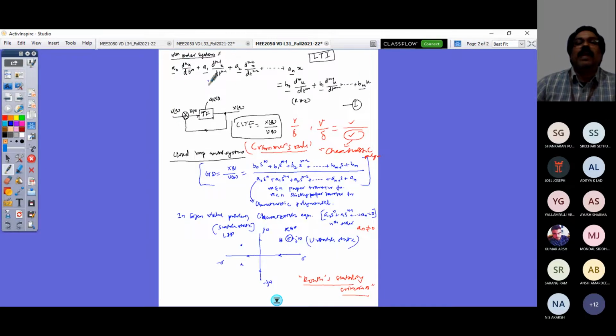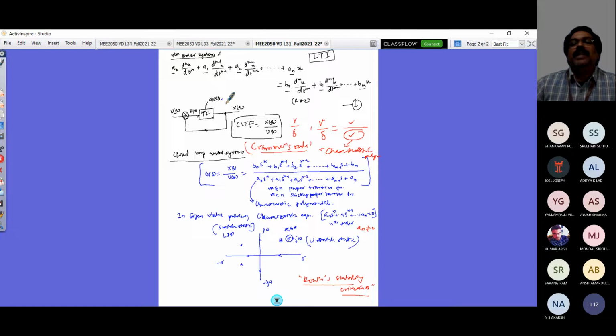The nth order system can be represented by this generic differential equation. On the left hand side, you have a differential equation of nth order describing the dynamics of the system. The input can be represented by another ordinary differential equation of mth order. So this equation, Roman letter 1, can be represented in an algebraic form, and to get your closed loop transfer function, simply take the Laplace transform on both sides with zero initial conditions, and you would end up with this closed loop transfer function.